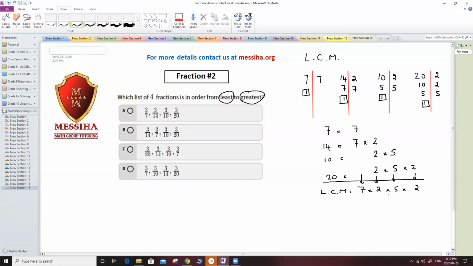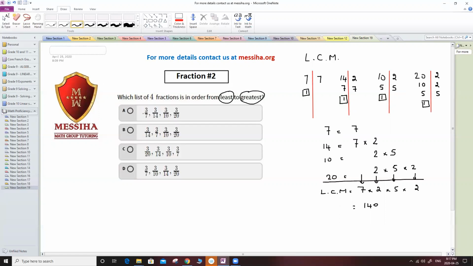I can start with the easy one. 2 times 2 equals 4. 4 times 5 equals 20. 20 times 7 equals 140. That means I can take the list of 7 and 14 and 10 and 20, and I can relate it to 140. I can make all this as something over 140.